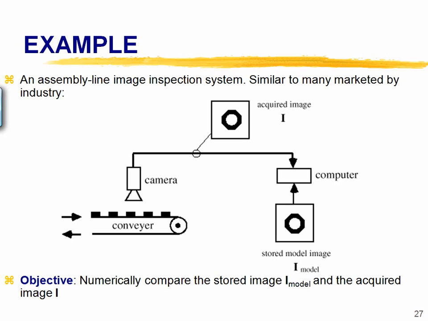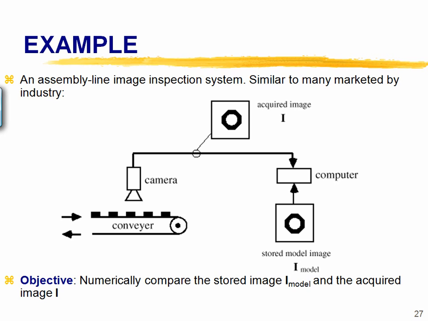Okay, so if you had basically a specification of the particular part that had to be produced, and you had an image of it, now you have a camera essentially pointing to a conveyor system where these nuts are being manufactured, and the job of this particular vision system was to figure out if any of these parts were defective or not. Okay?